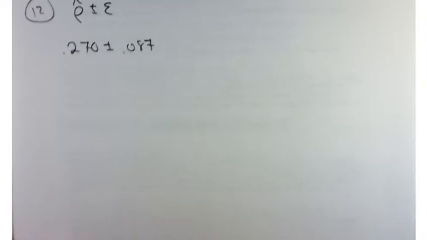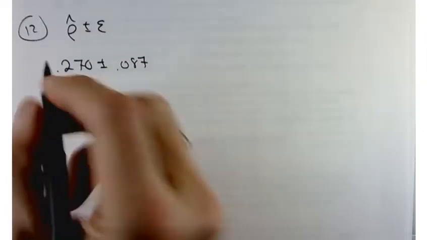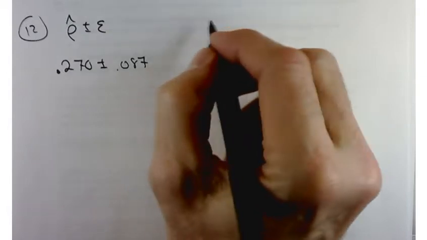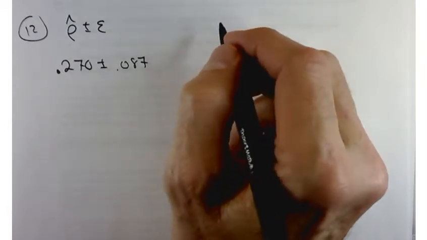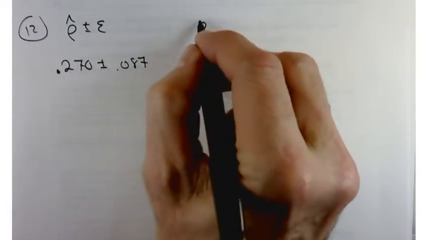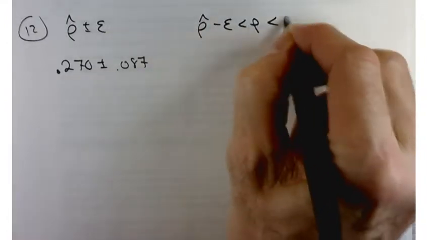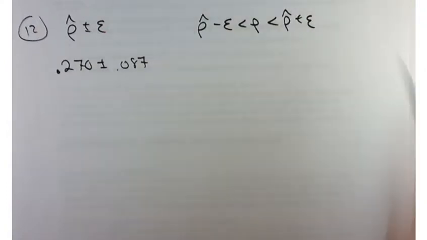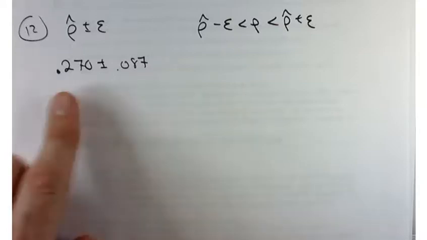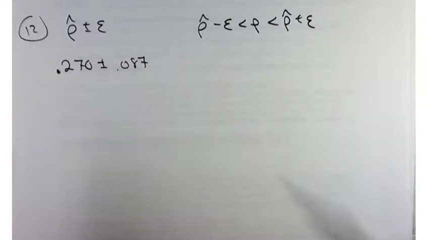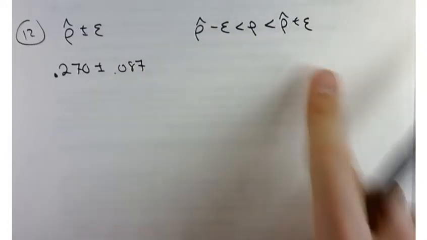And what they want you to do is rewrite it as p hat minus e to p hat plus e. Just write it as an interval as opposed to your point estimate plus or minus the error term. They just kind of want it, all right, from what to what?